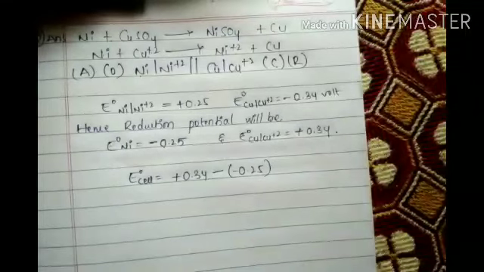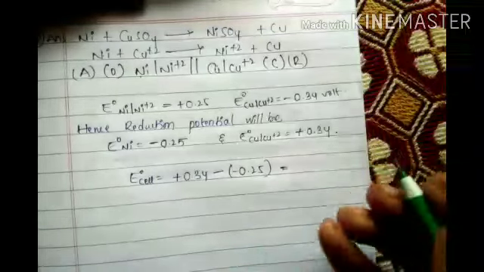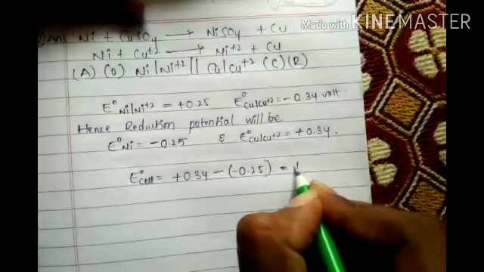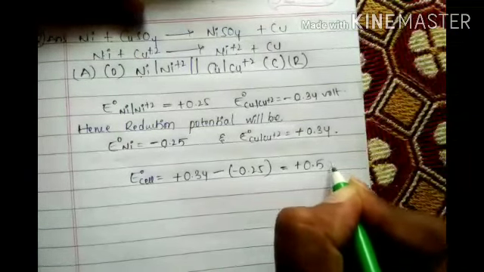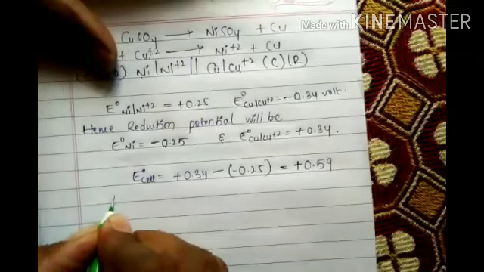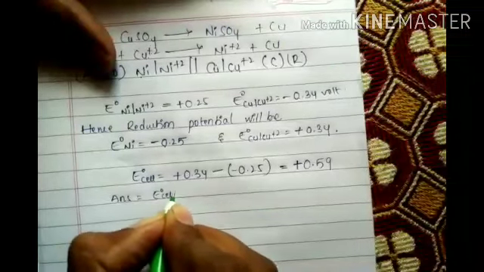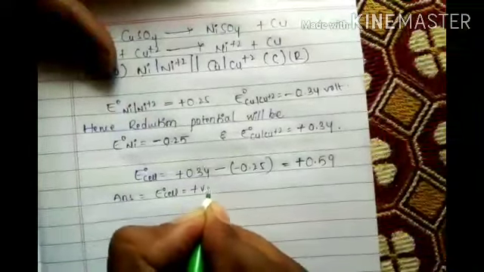Minus 0.25. What is it? Answer will come: minus into minus is plus, plus into plus. It is plus 0.59. So the answer is, E naught cell is positive.